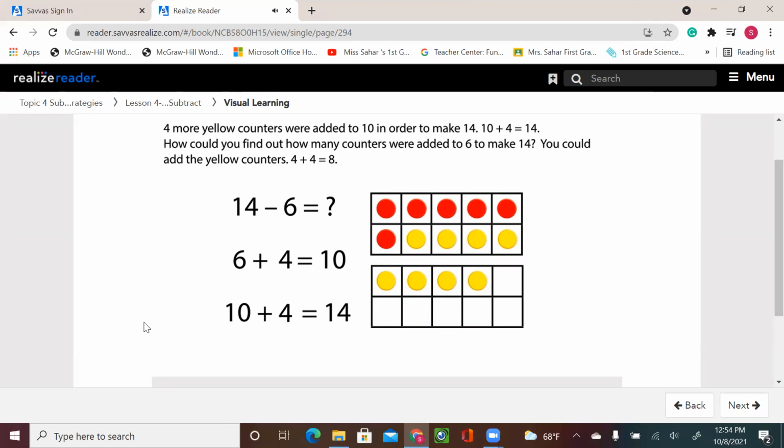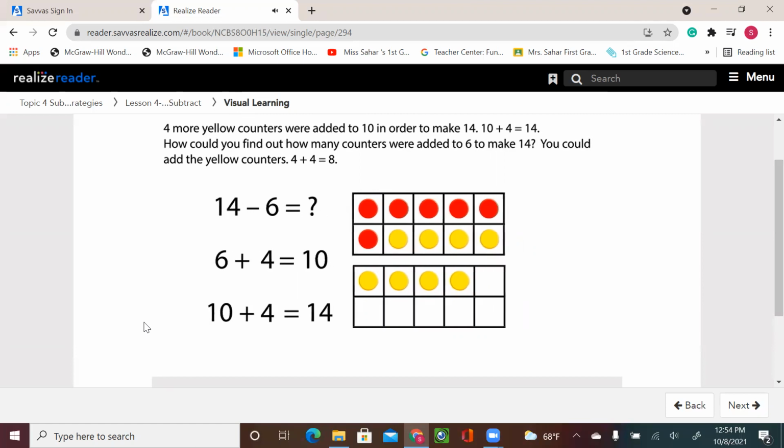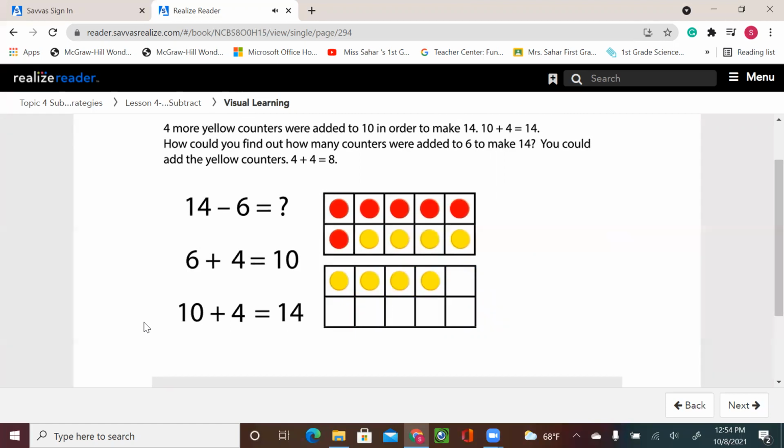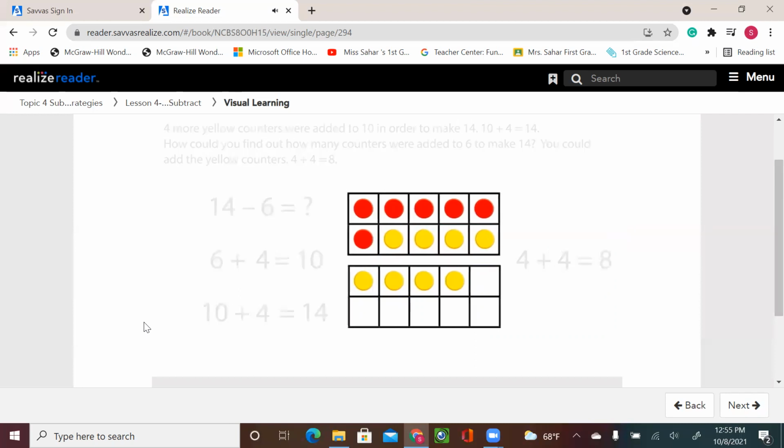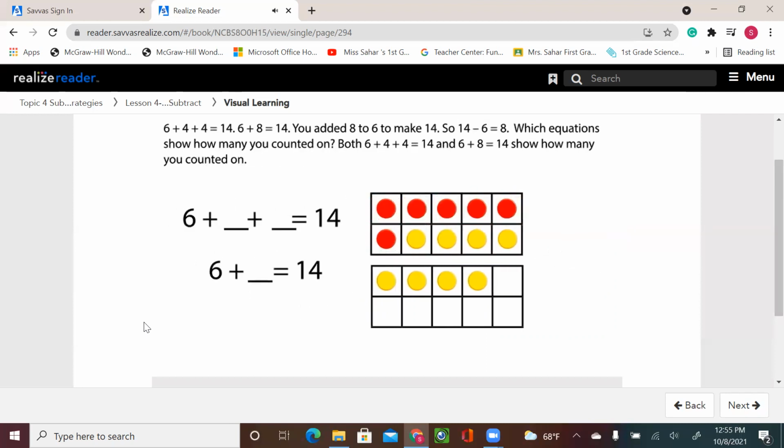How could you find out how many counters were added to 6 to make 14? You could add the yellow counters. 4 plus 4 equals 8. 6 plus 4 plus 4 equals 14. 6 plus 8 equals 14.